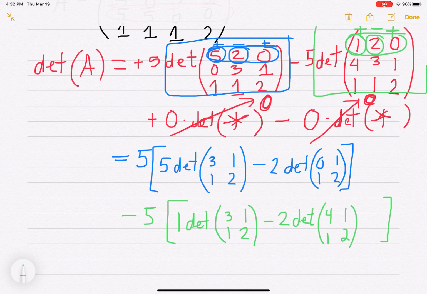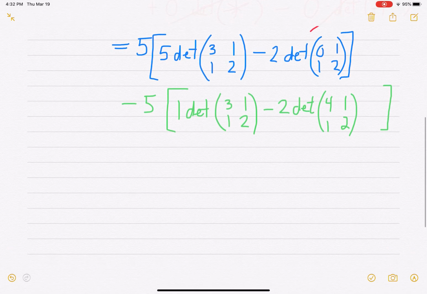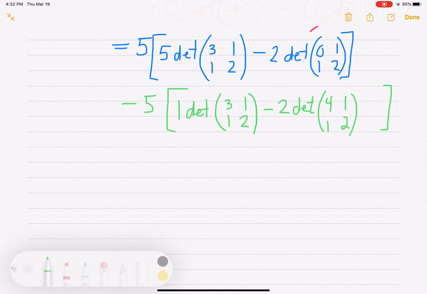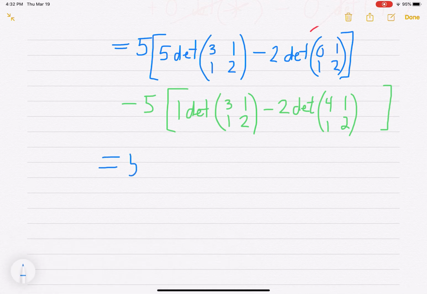So now we just have to compute 4 2 by 2 matrix determinants. So let's scroll. Where's my blue? Okay, I've got a big 5 and then a bracket. We have 5 times, let's take the determinant of 3, 1, 1, 2.